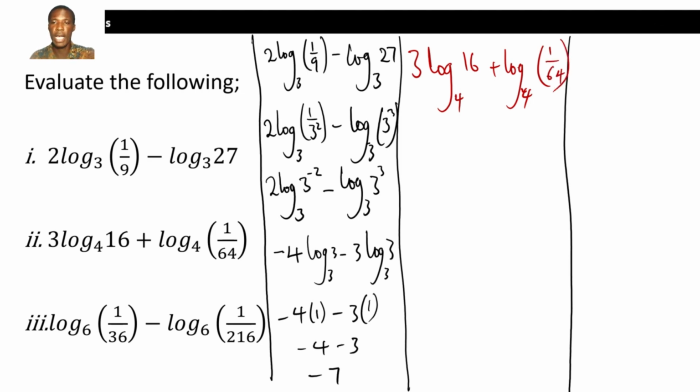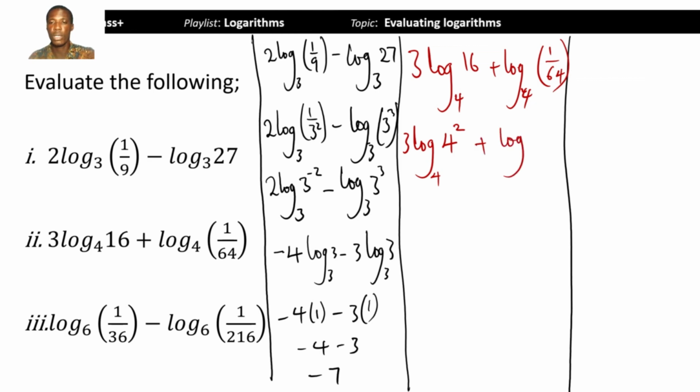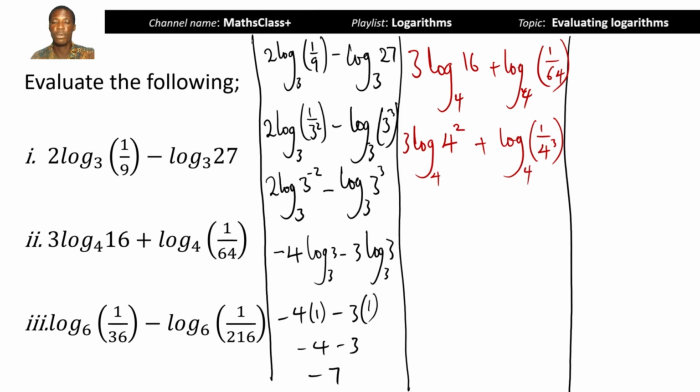So we simplify here, we will get 3 log 4 to the power 2 base 4 plus log 1 over 4 to the power 3 to the base 4.